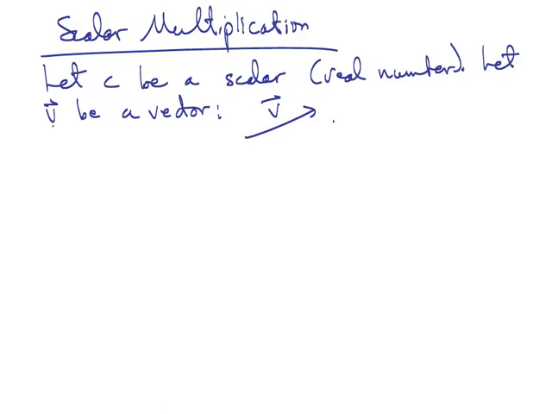Okay, then we can find the vector c times v. And here's how we do it.